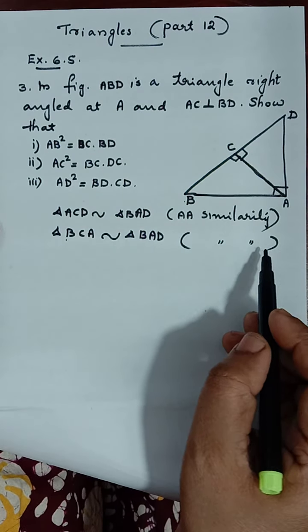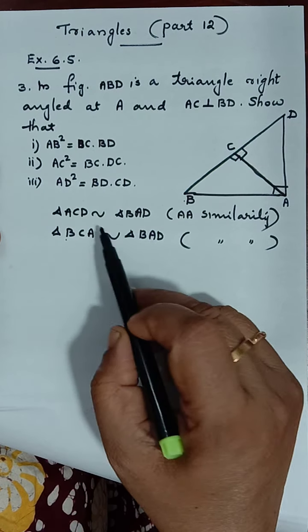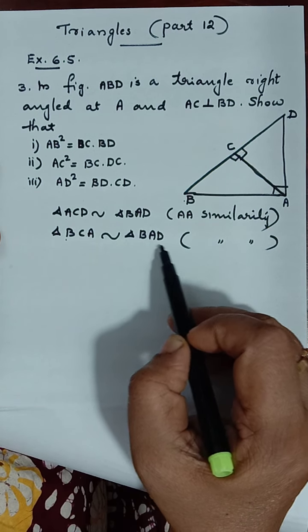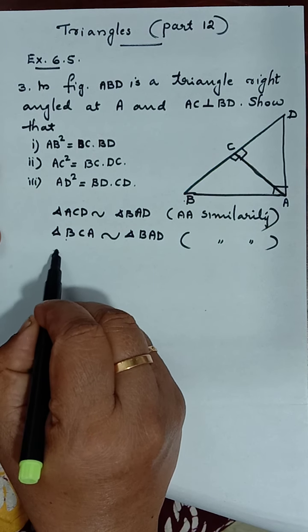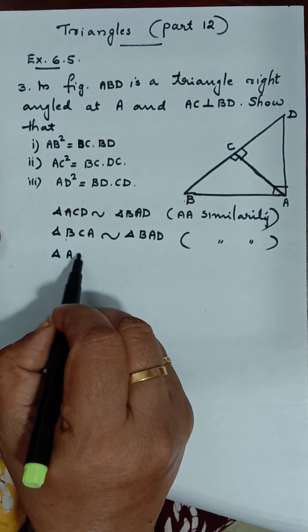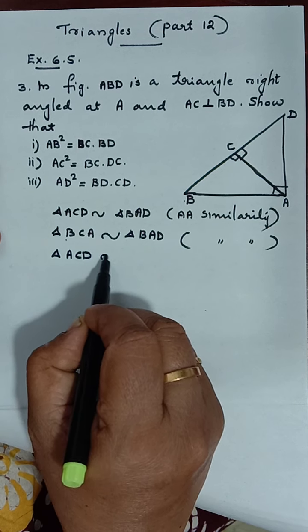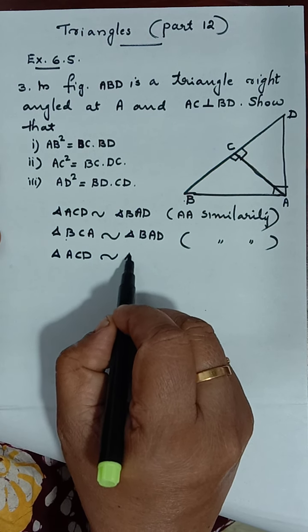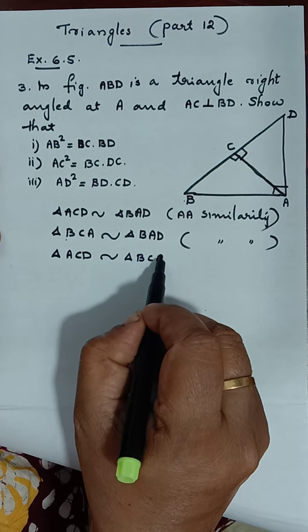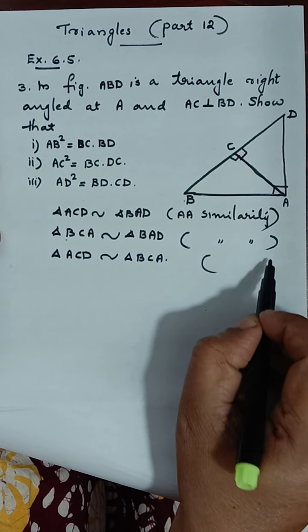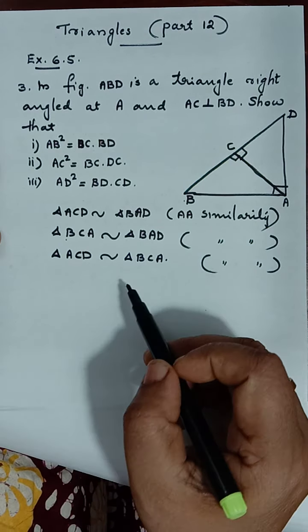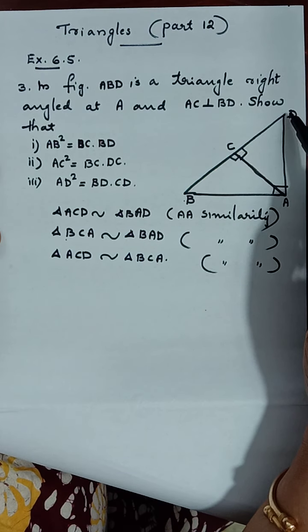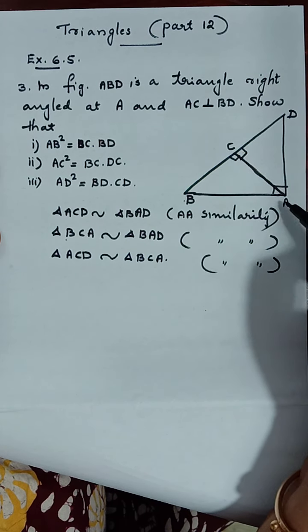So by AA similarity these two are similar. Now see the right hand side, here also it is BAD. Therefore they are similar to each other. This theorem we have already learned. So triangle ACD is similar to triangle BCA. This is also by AA similarity, or from 1 and 2, triangle ACD is similar to triangle BCA.